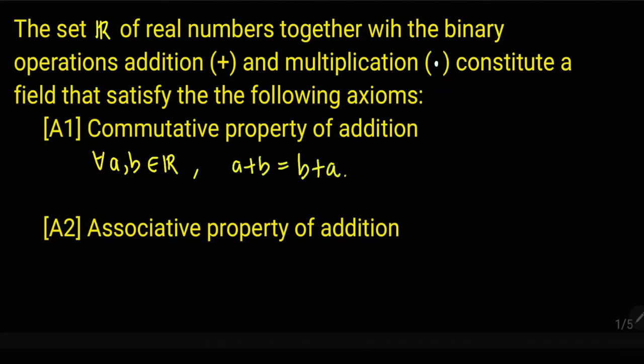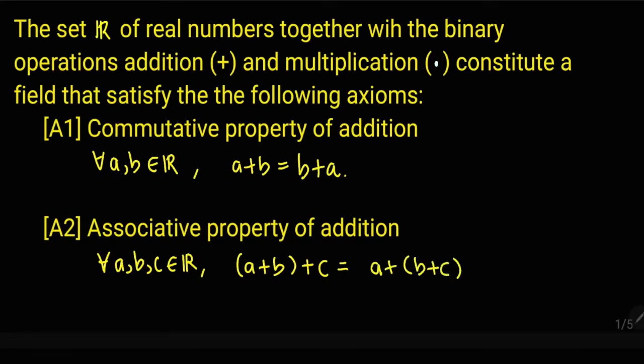Second property, A2, associative property of addition. For any real numbers a, b, and c, we have the quantity a plus b, plus c, is equal to a plus the quantity b plus c.